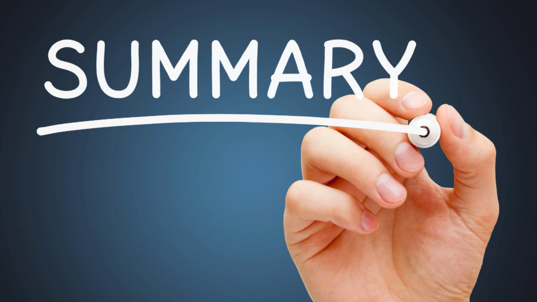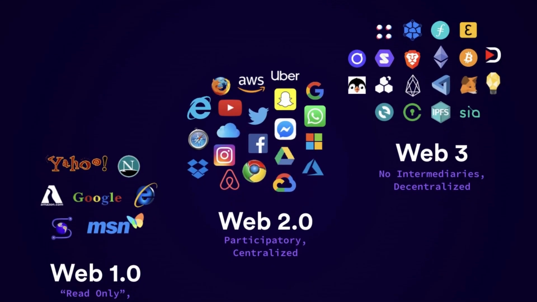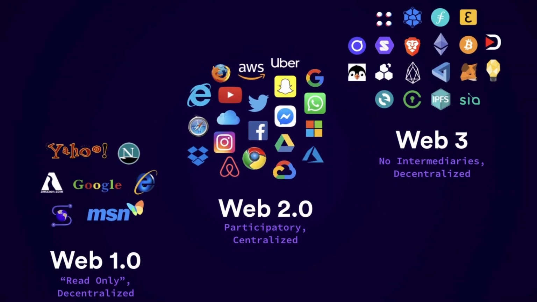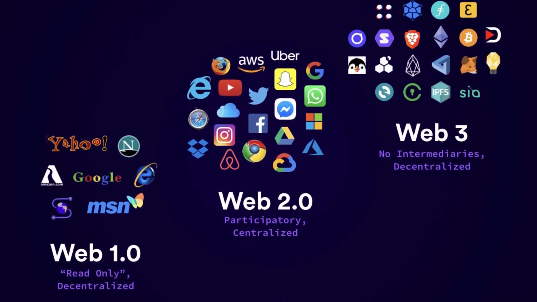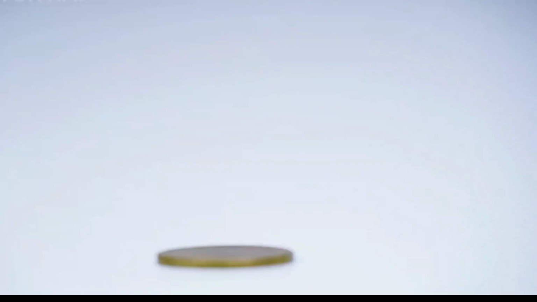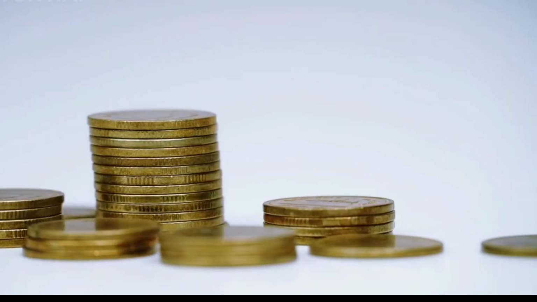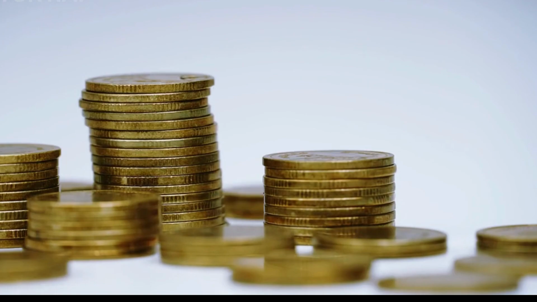Web 1.0 is read only. Web 2.0 is read and write, while Web 3.0 is read, write, and own. I think that's a perfect description for it. Web 3.0 is a money layer for the internet. Web 3.0 is an identity layer for the internet.